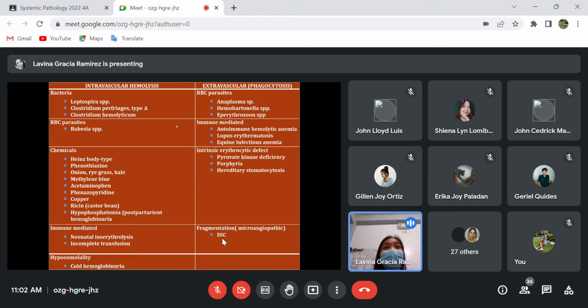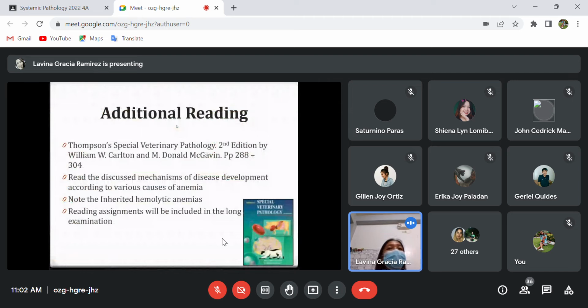If you have your failures, you can just read about this one. Okay, yung mechanism, bibigyan ka na agad. Okay, if you have a book like this one, now it is already indicated there kung saan nyo pwedeng mabasa. Or if you have the pathologic basis of disease, okay, marami yun.